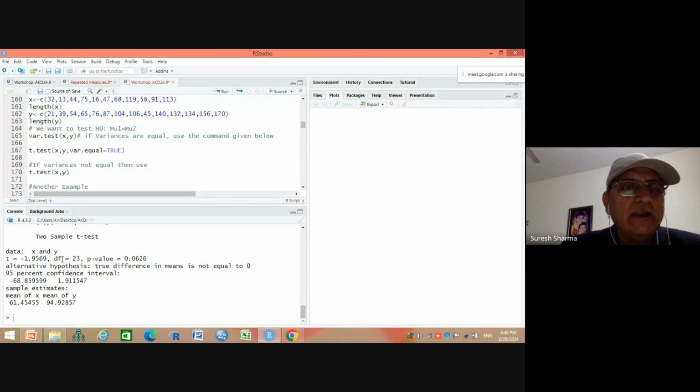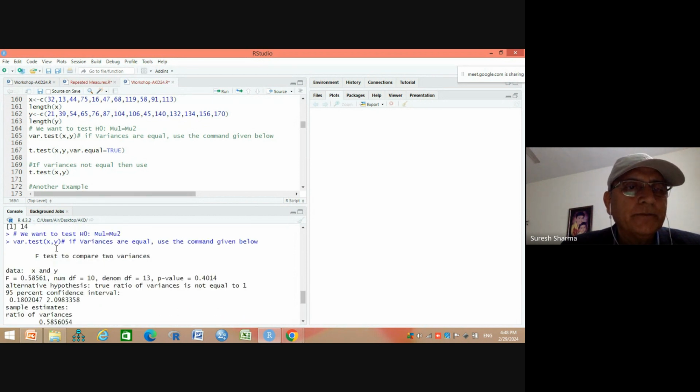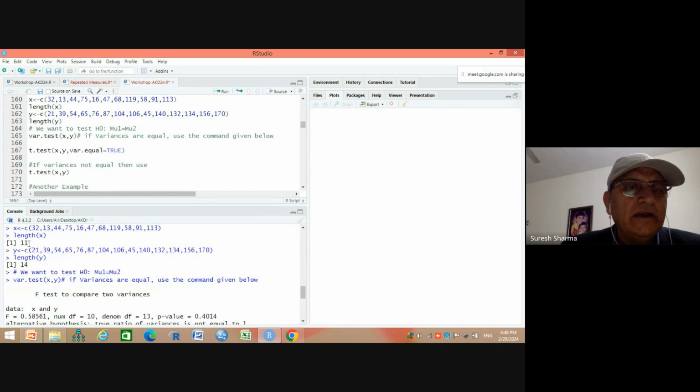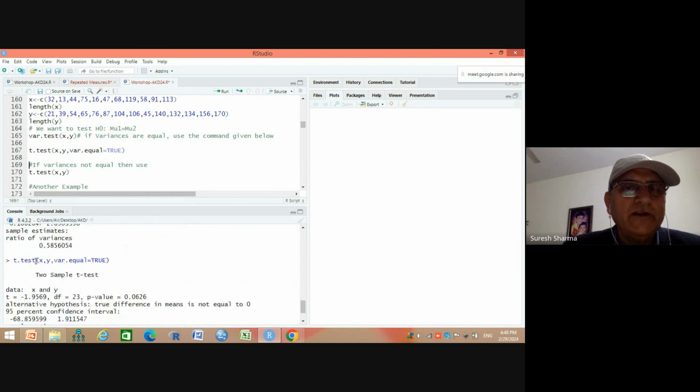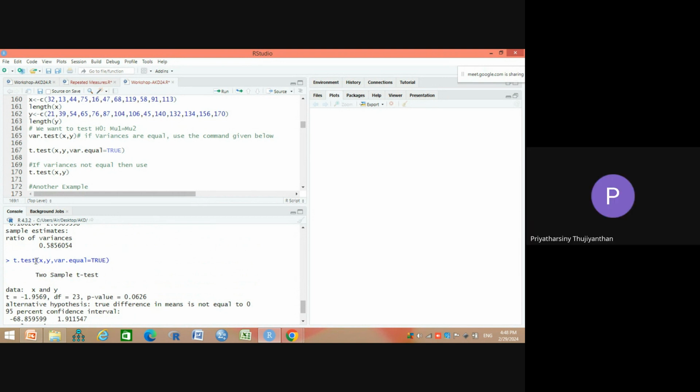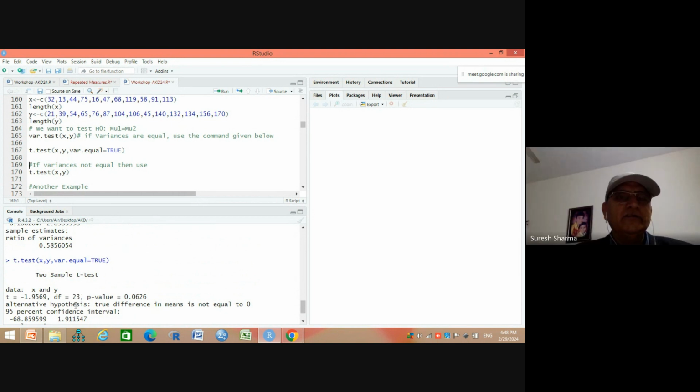It says the t-value is this, and degrees of freedom are 23. Why 23? Because the lengths were 11 plus 14, that is 25, minus 2. N1 plus N2 minus 2. So 25 minus 2 is 23. You can see the degrees of freedom are 23.